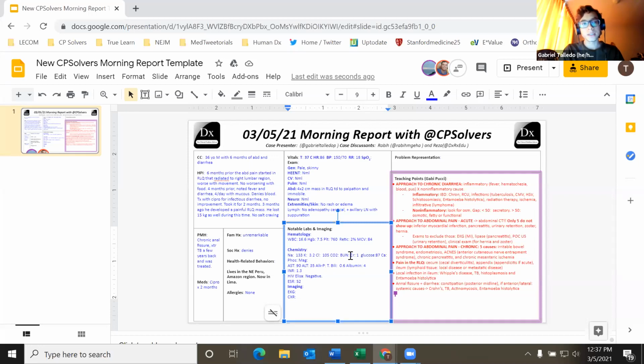Occult blood test was positive. Fecal leukocytes were 70 per field. They also did microscopy of the fecal sample, searching for strongyloides, but it was negative.